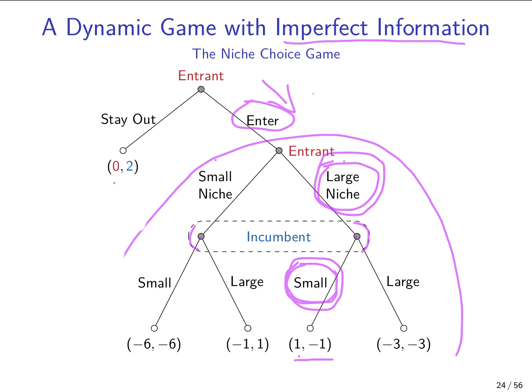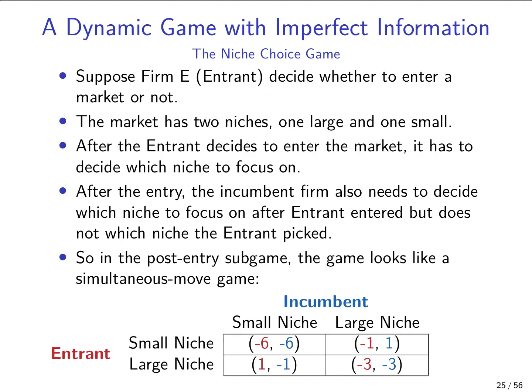Before, we talked about this subgame, where the two would move simultaneously. In that subgame, if both of them focus on the large niche, it is not going to be a Nash equilibrium because it is too crowded.